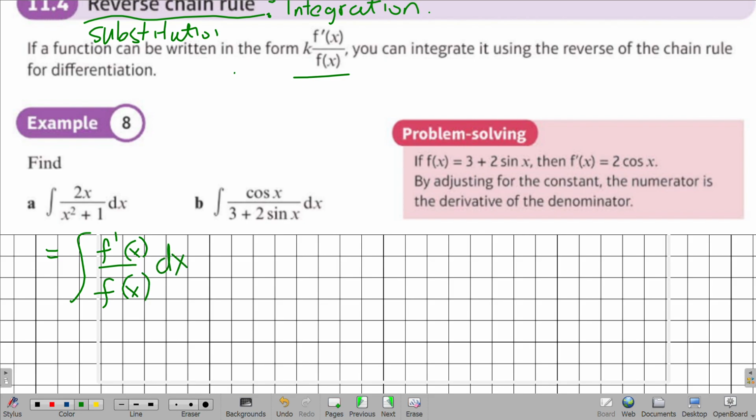By that I'm referring to, if I differentiate x squared plus 1, I get 2x, which is actually the form of the numerator. So what we can do with substitution, we'll just say let u, we substitute the denominator to become u equals x squared plus 1.